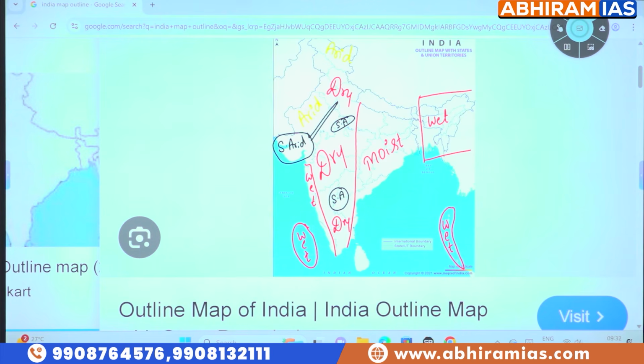Next point, semi-arid and arid, less than 50 centimeter.